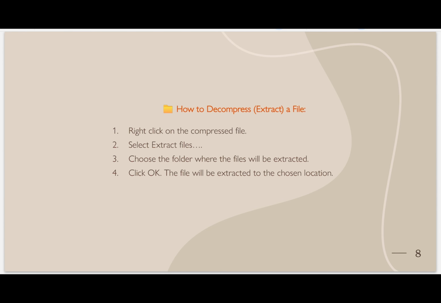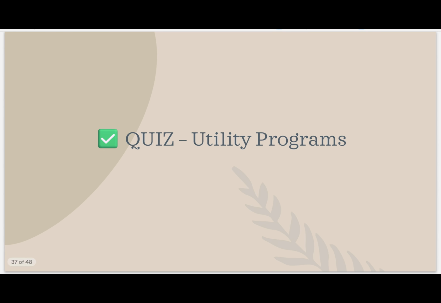Or otherwise simply extract here, means it will extract in the same folder where the file is, and then click OK. The file will be extracted to the chosen location. There are multiple options you can choose.